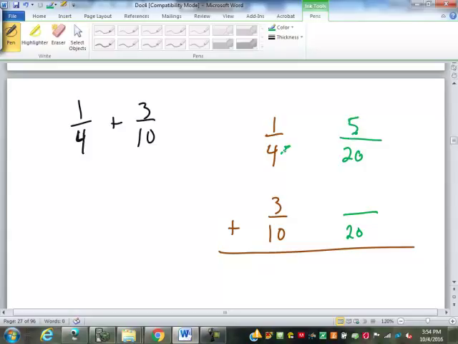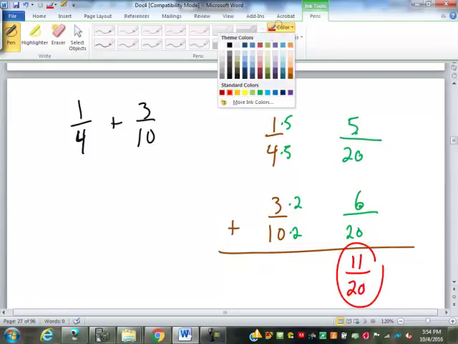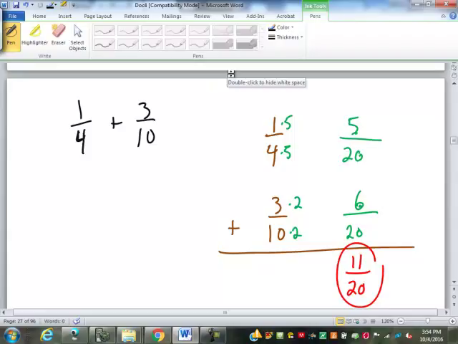Good. 4 times 5 to make 20, so 1 times 5 is 5. What's going to go up here? 6. 10 times 2 makes 20, so 3 times 2 makes 6. So then I add 5 and 6 make 11 over 20. How many of you had 11 20ths? Good deal.